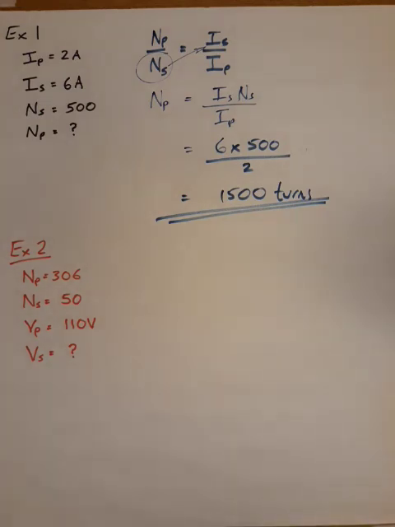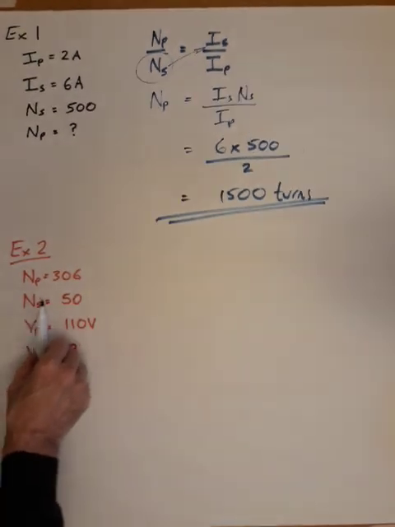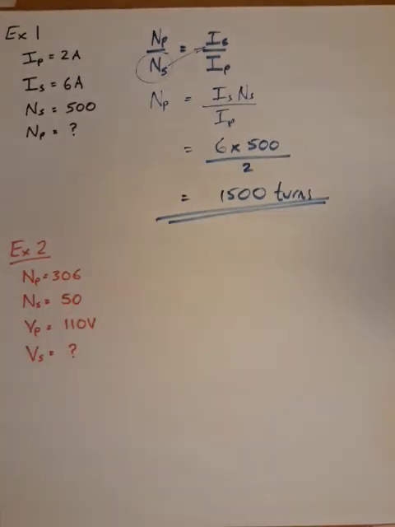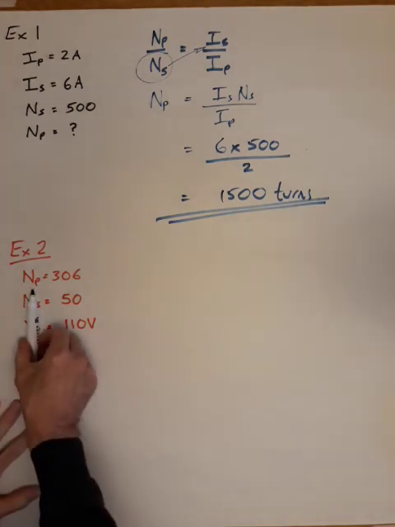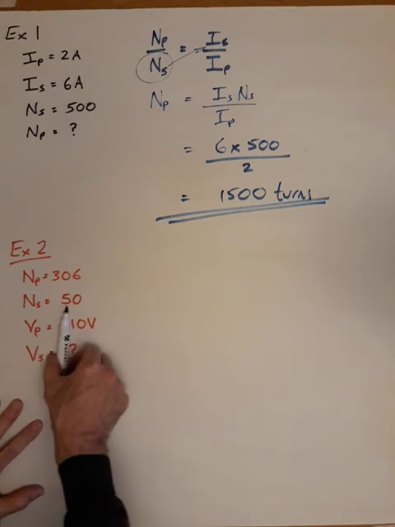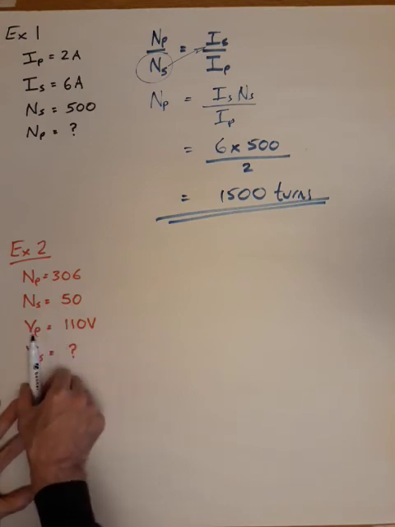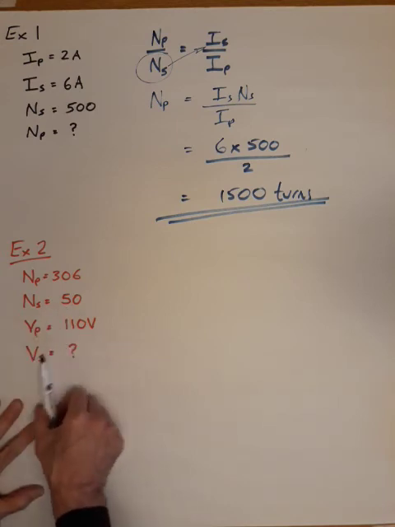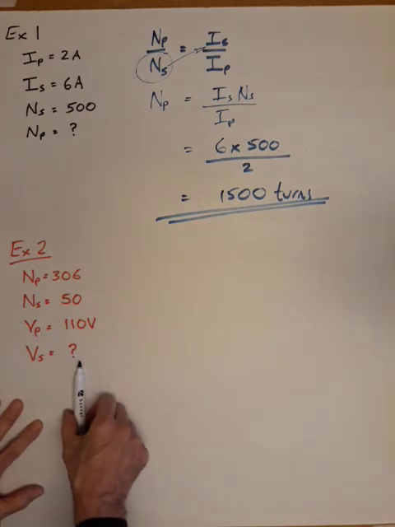Let's have a look at example 2. So on example 2, the question reads to give you the following information. The turns on the primary is 306, turns on the secondary is 50, the primary voltage is 110. What is the secondary voltage? So something on those lines.